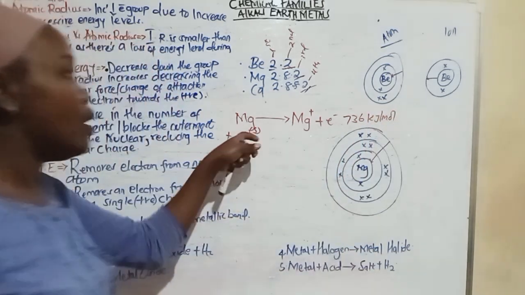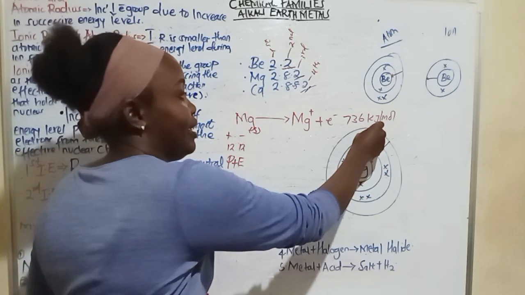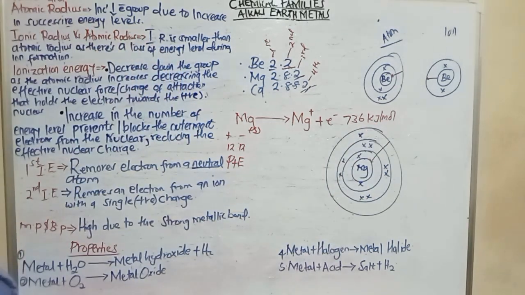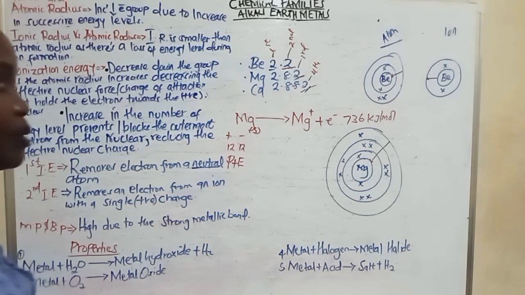Now we have lost the first electron, so we are remaining with 1 electron that we need to lose.